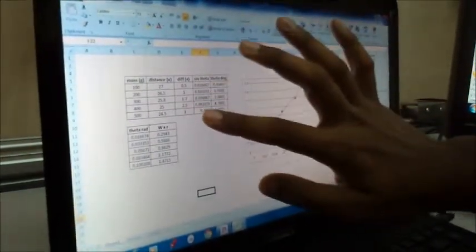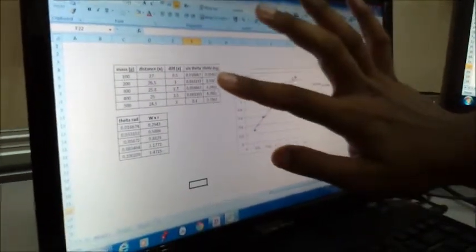We collect the angle here by using the Pythagoras theorem, and when we get the degree, we convert it into theta in radians.